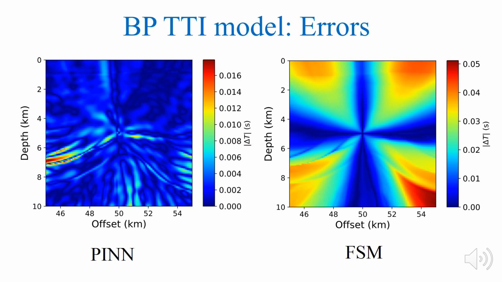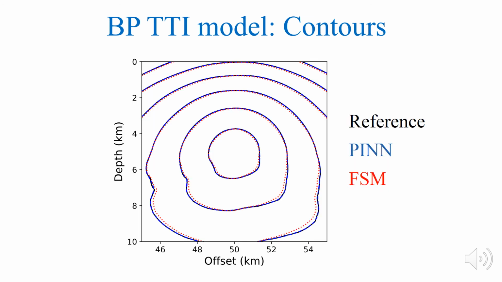This is one of the challenges we observe with PINNs: when you have a sharply varying velocity model or some other parameter in your model, PINNs tend to struggle in terms of accuracy. Still, the accuracy is much better than the regular fast sweeping method, as we can witness here. And here are the travel time contours, which also confirm this. As you can see, the PINN solution is much better than the fast sweeping method.